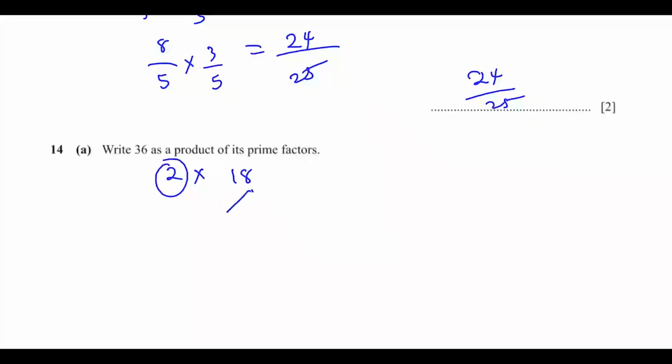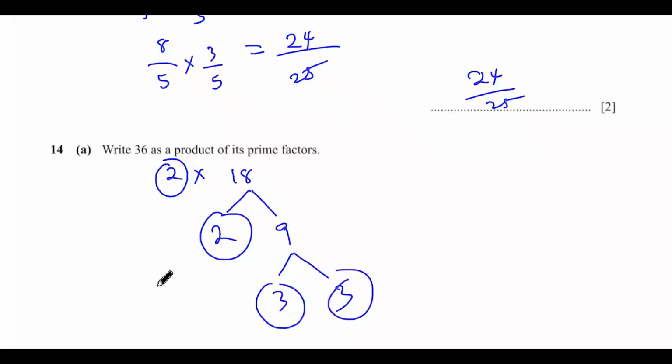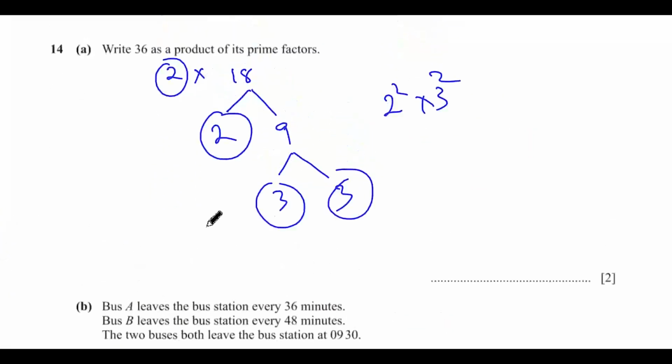So we need to break this into 2 times 9. So we have another number here. So this will be 3 by 3. So the final answer will be 2 to the power of 2 times 3 to the power of 2. So that will be the final answer, 2 to the power of 2 multiplied by 3 to the power of 2.